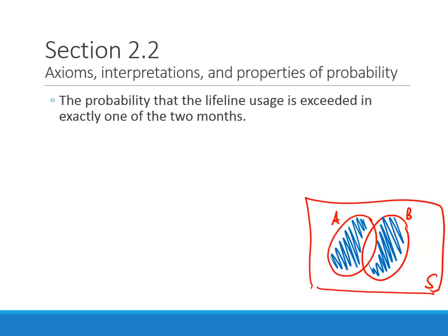Any ideas? Yeah. A plus B minus the intersection. Probability of A plus probability of B minus the probability of their intersection.